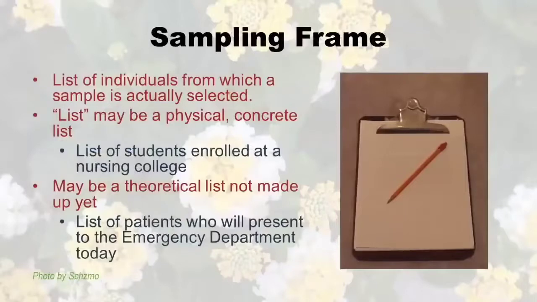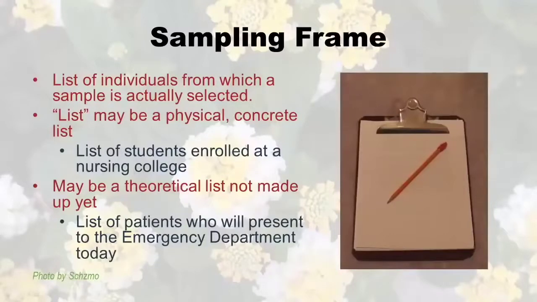So that brings us to the concept of sampling frame. The sampling frame is the list of individuals from which a sample is actually selected. The list may be a physical, concrete list, like a list of students enrolled at a nursing college. Or in my other lecture, I gave an example of a list of nurses who work at Massachusetts General Hospital. You'd go to Human Resources and get that.